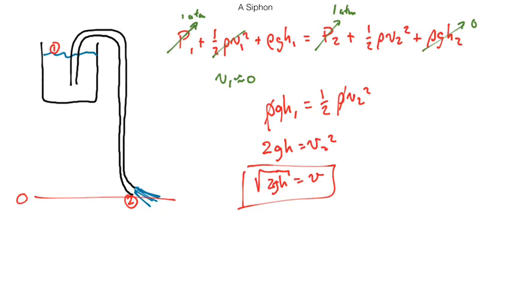What question did we ask? How fast was something going when it fell through a height h? Square root of 2gh. This is one of those moments in physics where physicists just go, yeah, we're good. We apply the same conceptual framework and get the same form of the answer, in this case the exact answer.